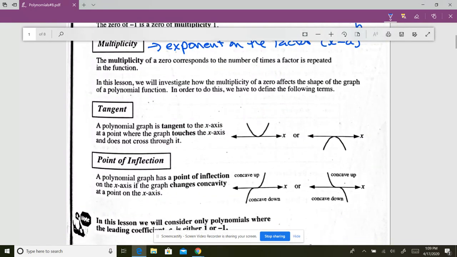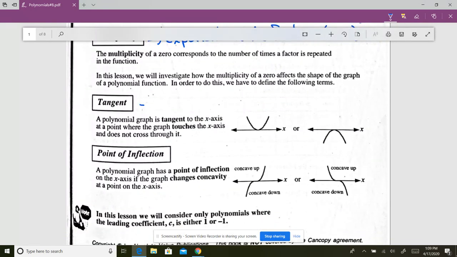Okay, so there's two types of multiplicities. There's even multiplicity. So that is going to be to the power of 2 or 4 or 6 or any even number. When you have that, you have a tangent at that zero.